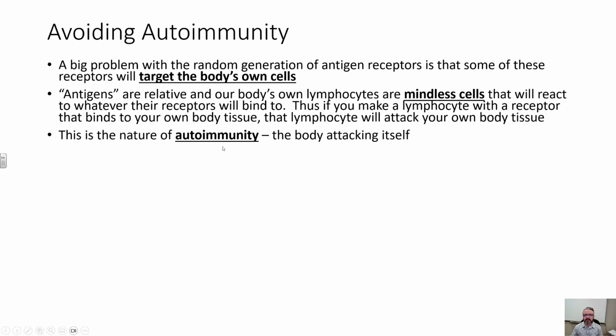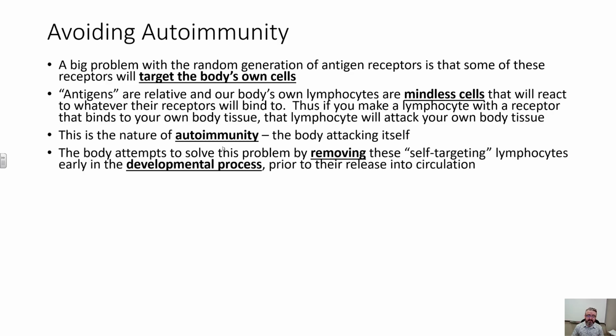So some of those receptors would for sure target your own body cells just by chance, and that would lead to autoimmunity. Now, the way the body deals with this is as it builds these random receptors, it then actually self-selects only those that don't bind to our own body tissue. And this is another level of complexity of the immune system.